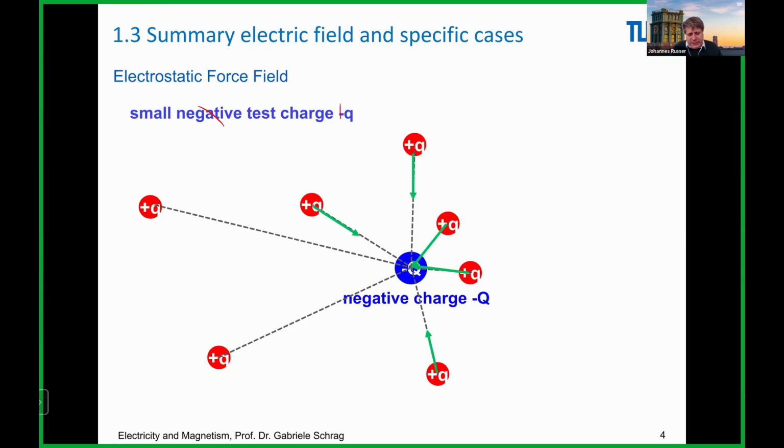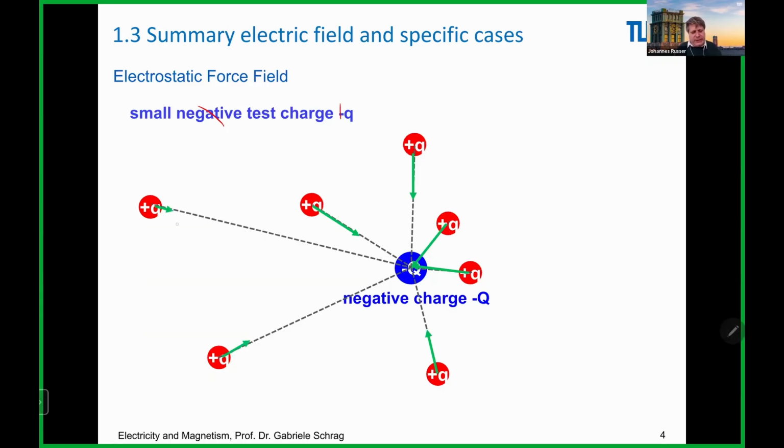And we see now the vectors. You see the base of the vector is again always originating at the location of the test charge. That the vector extends out of that place is just a means of visualizing this force vector.